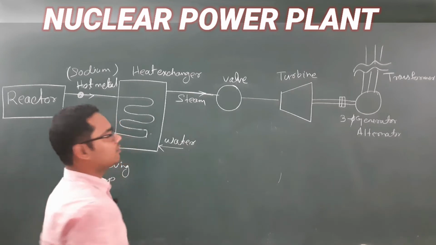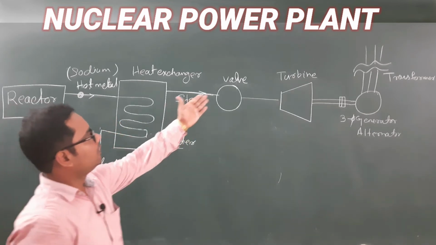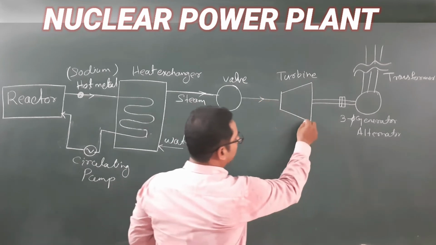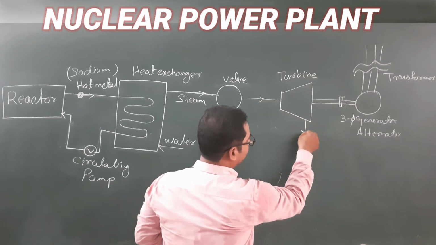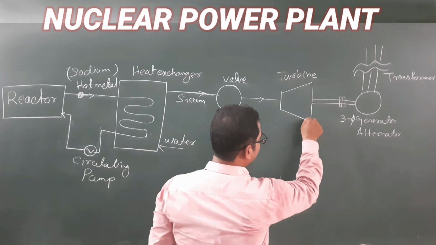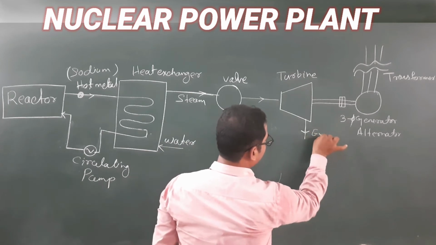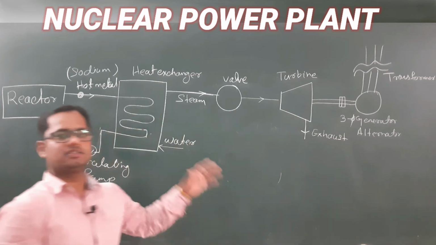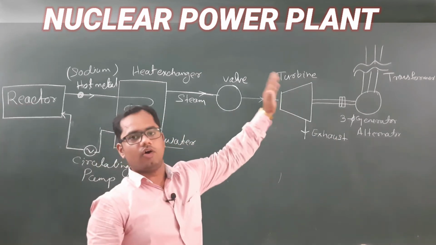After the useful work of the steam, after the valve, whenever it gets into the turbine, one exhaust is there. This is called the exhaust steam, meaning here you get hot steam.